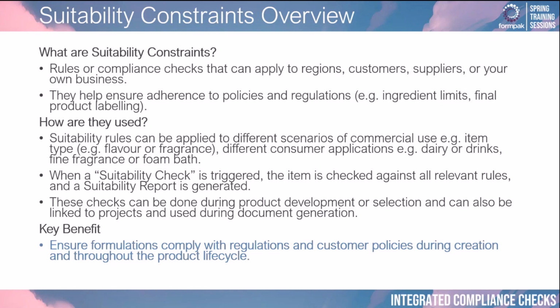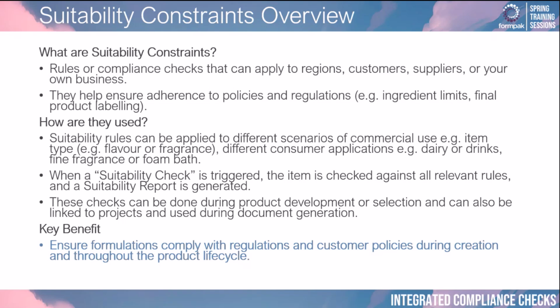So if you're a flavour company and you've got a flavour for dairy, it's going to have a different set of constraints probably than if it was for drinks, because there are different rules in the environment that you're operating in. And similarly for fine fragrance or foam bath, different sets of constraints may apply.